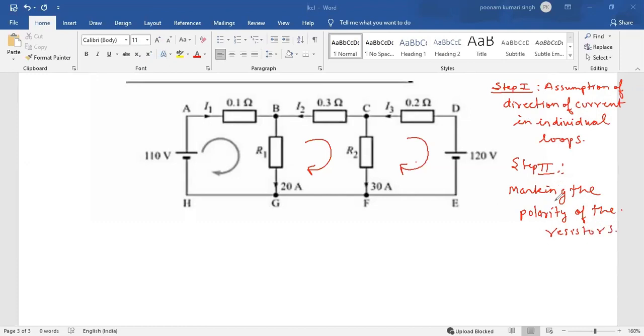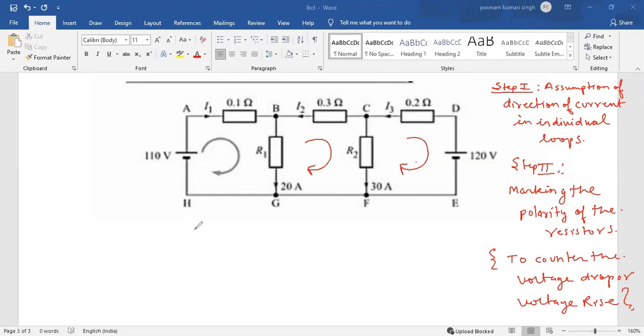The reason for marking the polarity of the resistors is to counter whether it is a voltage drop or a voltage rise. These are the two steps that we have to start with. Always remember.